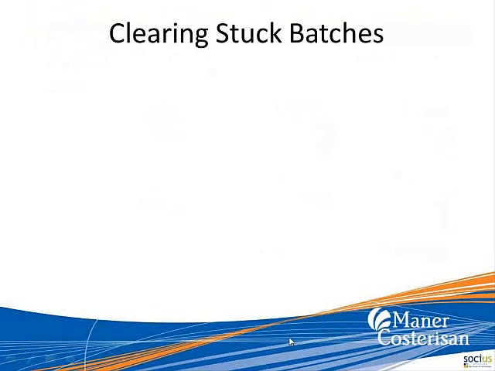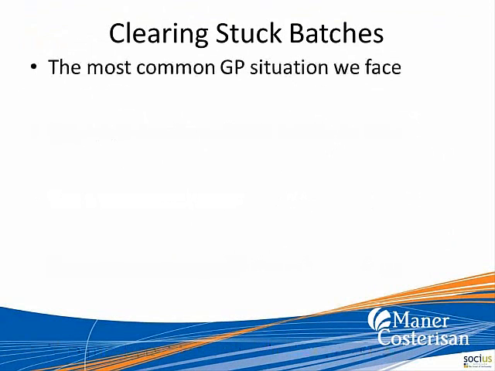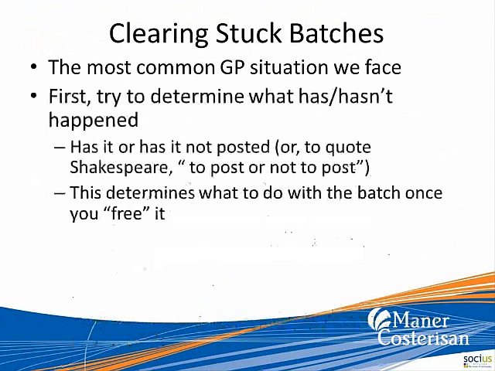And again, the purpose is to get the summary records in balance with the detail records. Clearing stuck batches. This one is the most common GP situation that we face. So first, you try to determine what has or hasn't happened. This basically involves looking at the situation: has it or hasn't it posted?